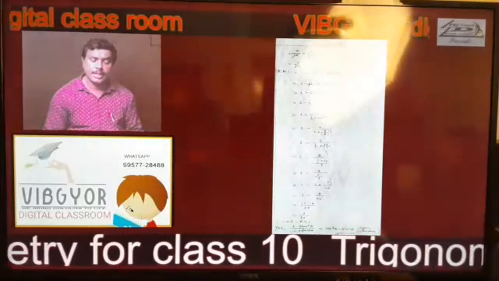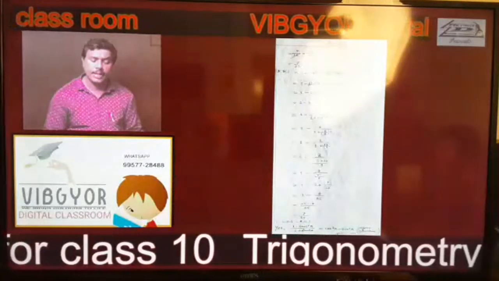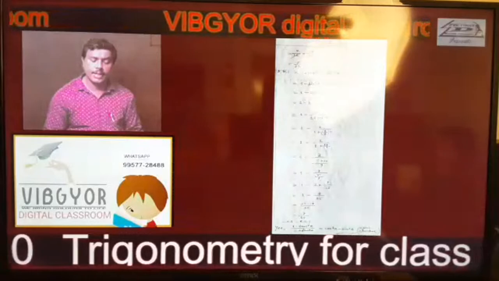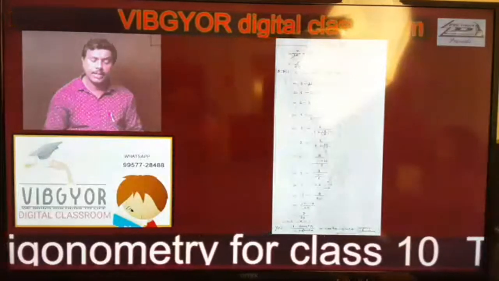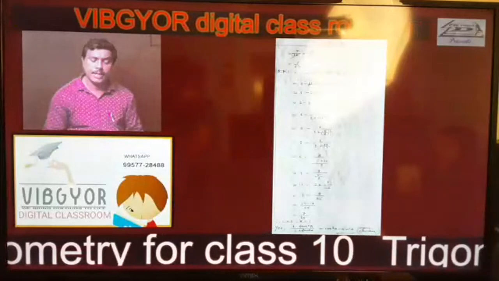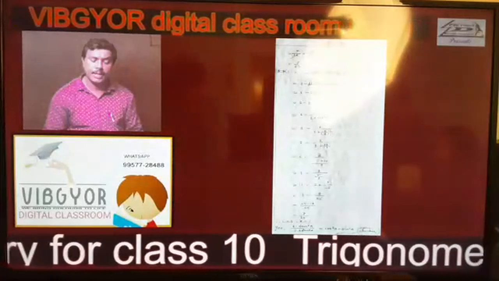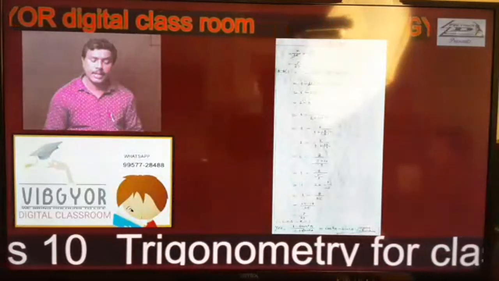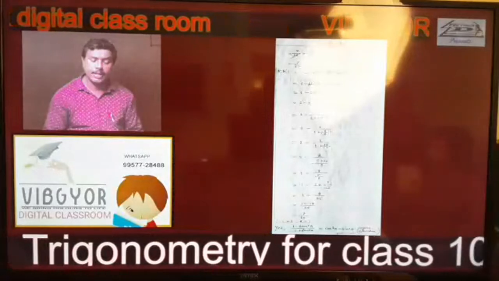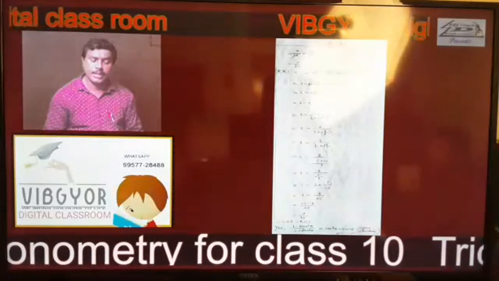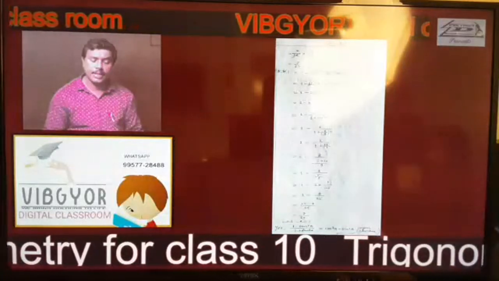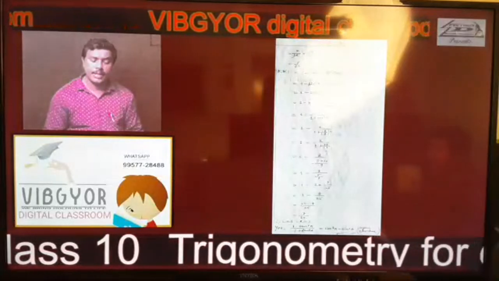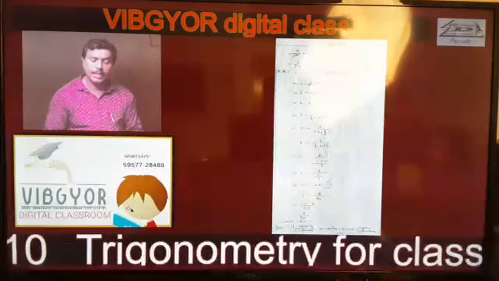So in place of cos square A, we will write the identity 1 minus sin square A, minus sin square A, and then it will be twice sin square A, 1 minus twice sin square A. So 1 minus 2 into, in place of sin square A again we can write 1 by cosec square A. Then we can write 1 minus 2 by 1 plus cot square A. In place of cosec square A we can write 1 plus cot square A.